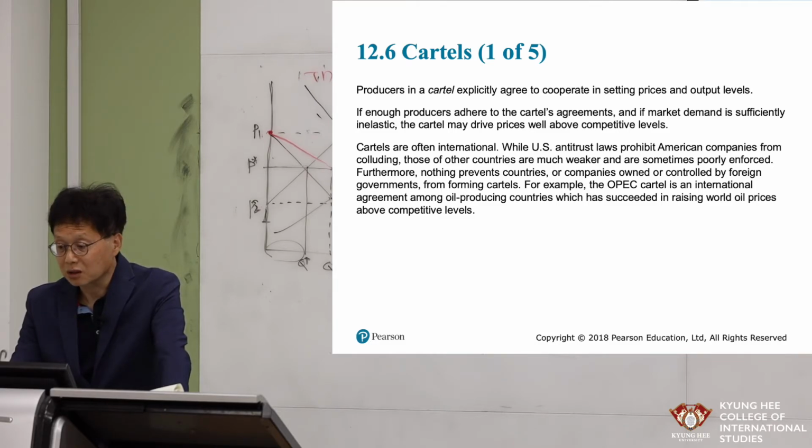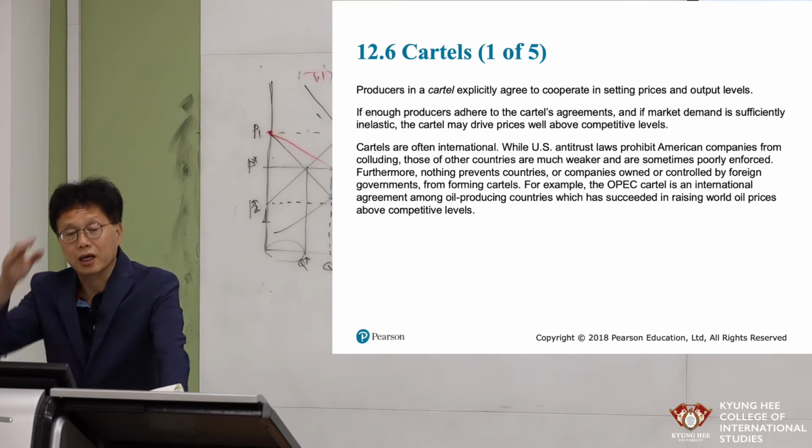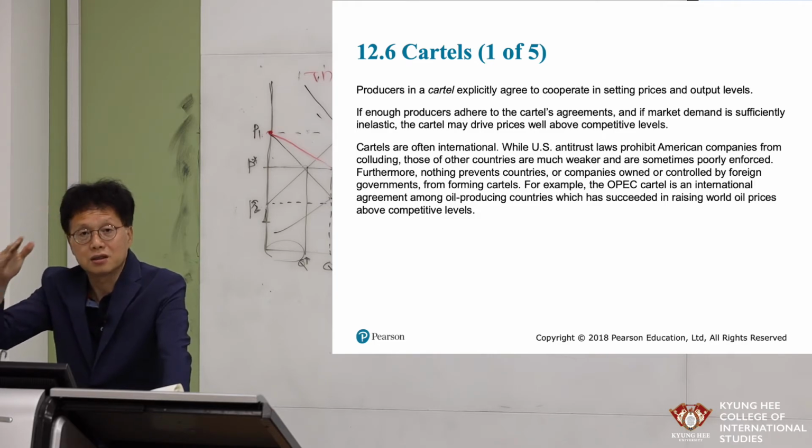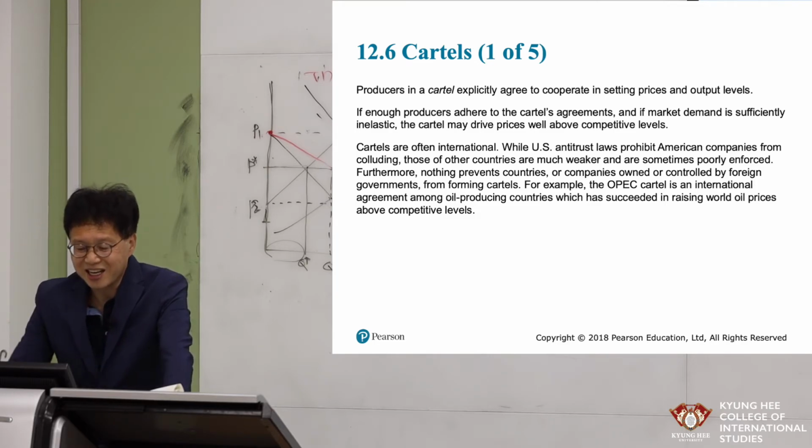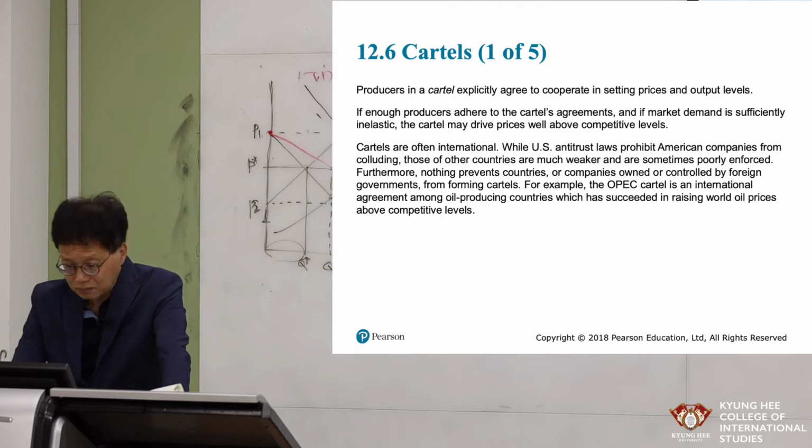So the important thing is that market demand should be sufficiently inelastic. Then the cartel should be successful. That is the case of OPEC. In the oil market, demand for oil is featured by an inelastic demand curve.